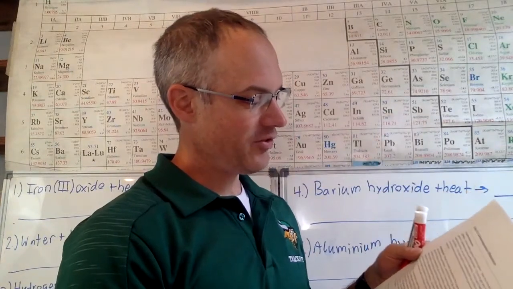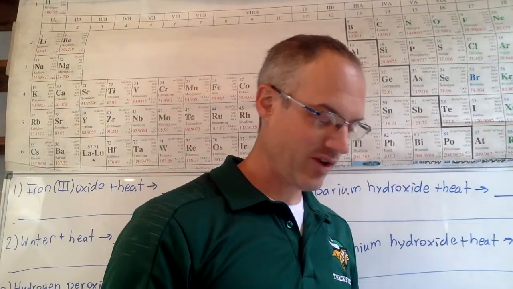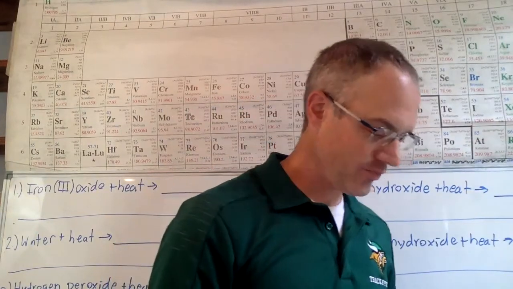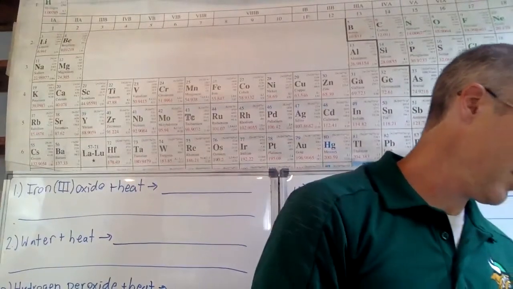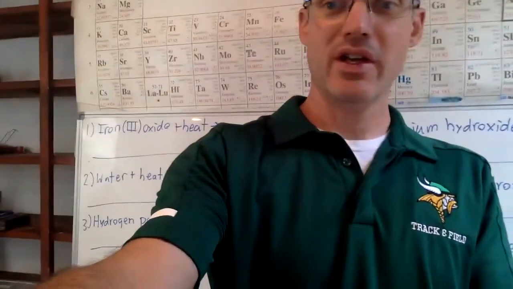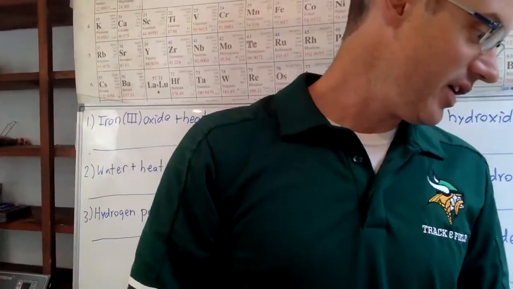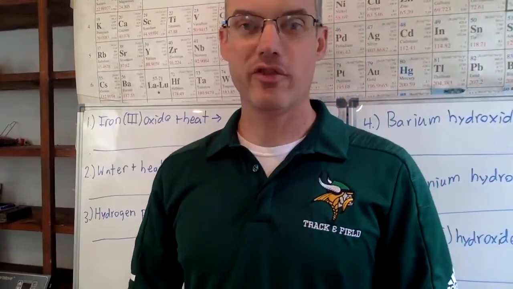So decomposition reactions are reactions that start with one thing and break up into two or more products in a reaction. So we're going to look at some examples here together for our notes. Well, these are all based on thermal decomposition.